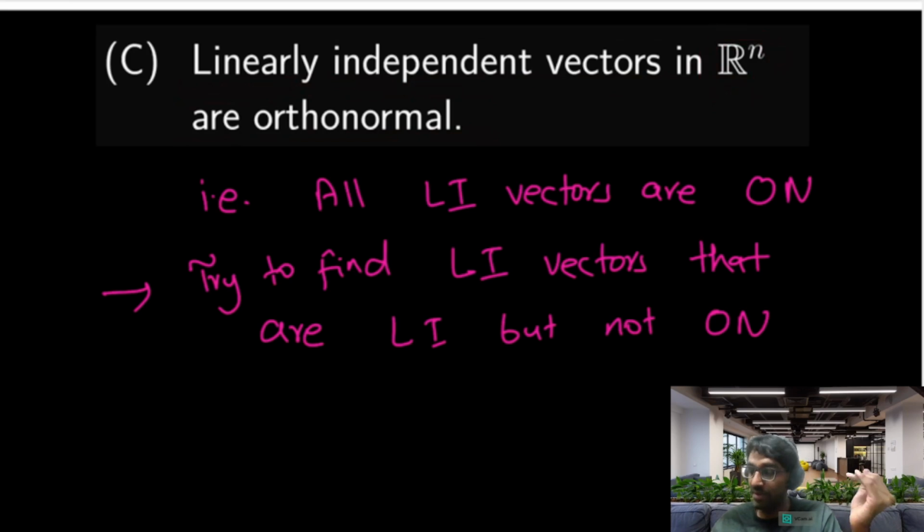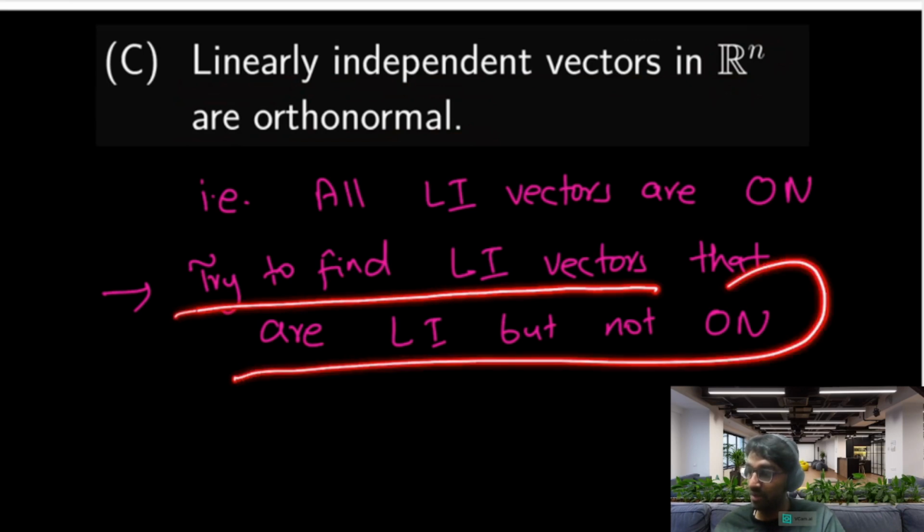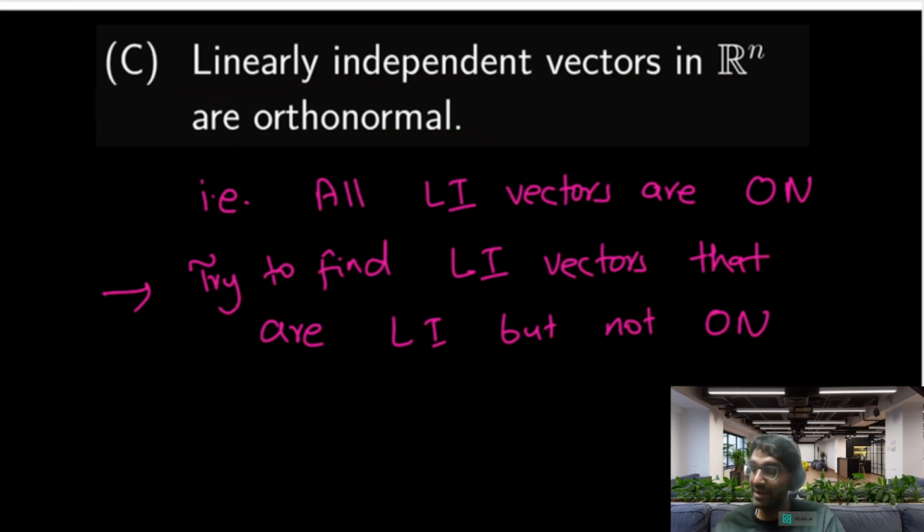The counterexample would be linearly independent vectors that are not orthonormal. So we will try to find a case where a linearly independent set is not orthonormal.